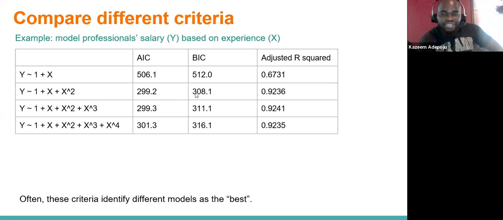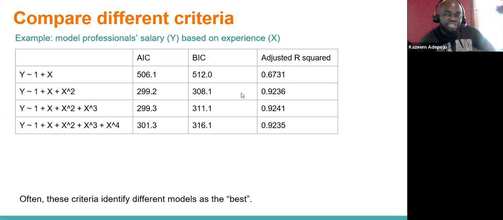Now you can see there's a kind of conflict. There's an agreement between the AIC and BIC, because the AIC and the BIC both pointed to the second model, the model right here, but the adjusted R squared pointed, let me see, yeah, this is greater, 0.9241 is greater than 0.9236. So the adjusted R squared pointed in a different direction.